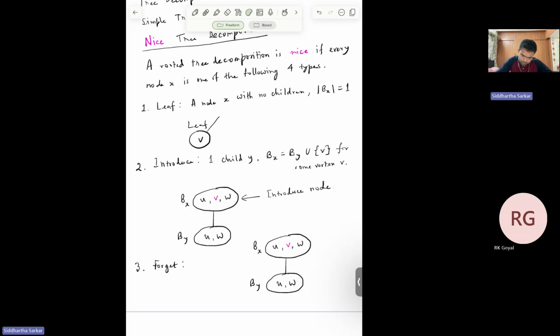In this node, UW is here and UVW is here. So I'll write it down: one child Y, and in the bag of X, there's one element missing compared to the bag of the child.